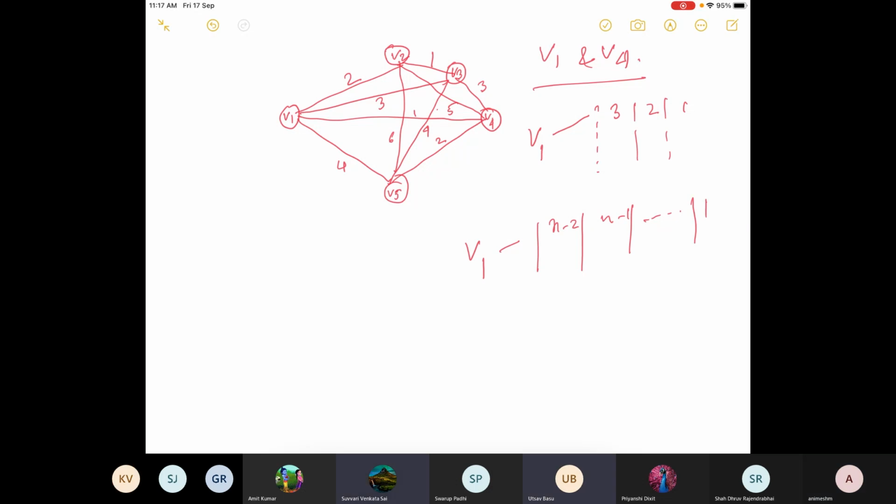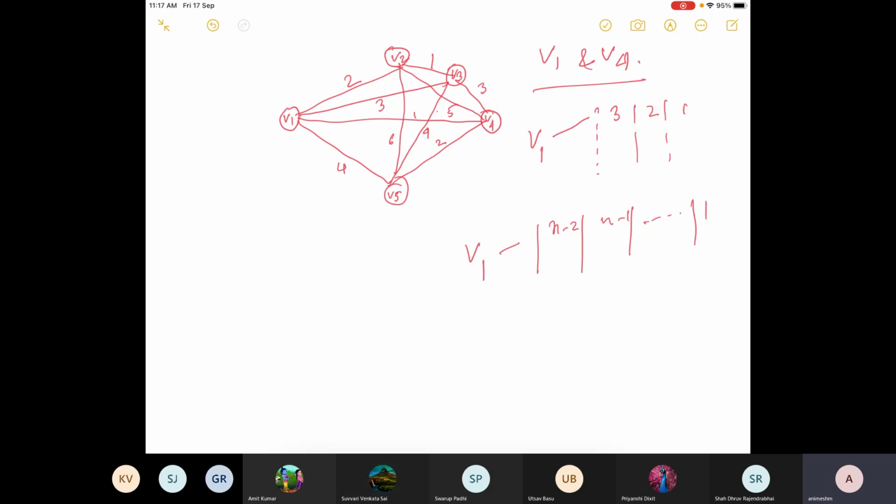Sir, I didn't get how you are counting this 3, 2, 1. Can you explain that? So from V1 to V4, you can go via V2, you can go via V3, and you can go via V5. So 3 possibilities.